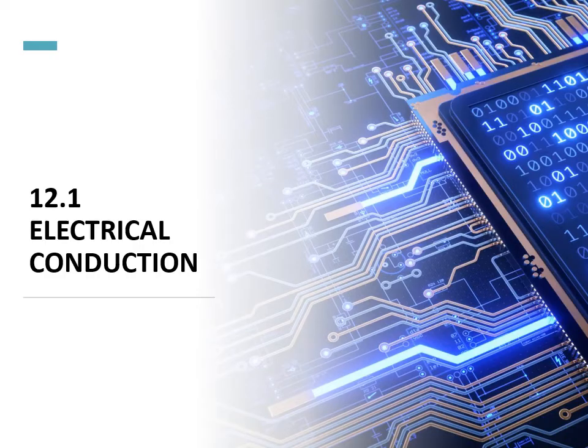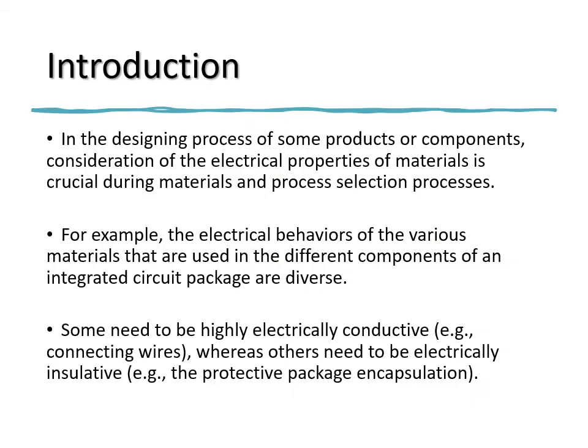The first content of this lecture, 12.1 Electrical Conduction. As the introduction, in the designing process of some products or components, consideration of the electrical properties of materials is crucial during materials and process selection.